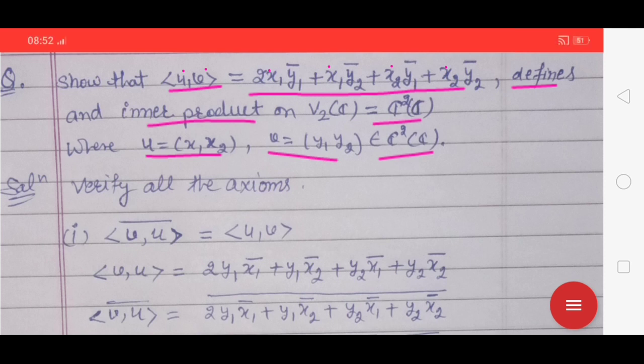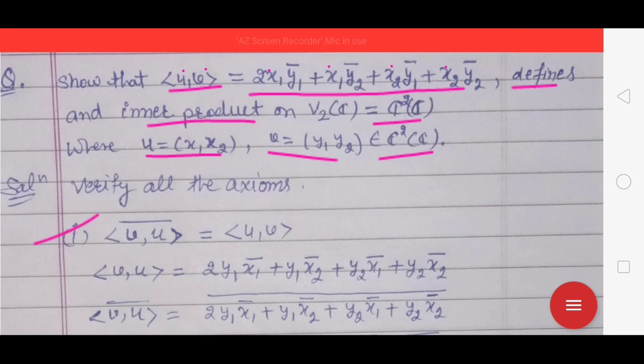So we have to prove that the function must have the symmetric property, the linear property, and the non-negative property. Let's see one by one.